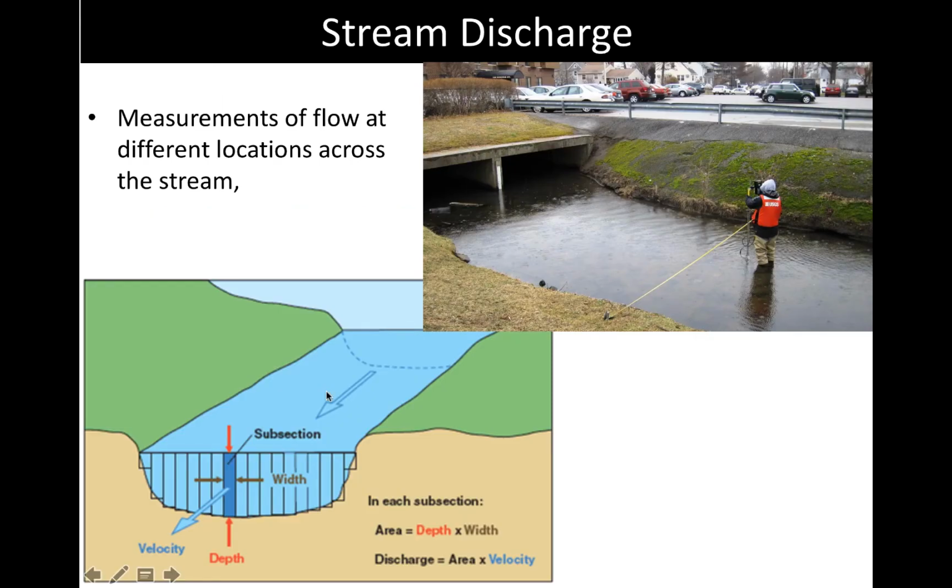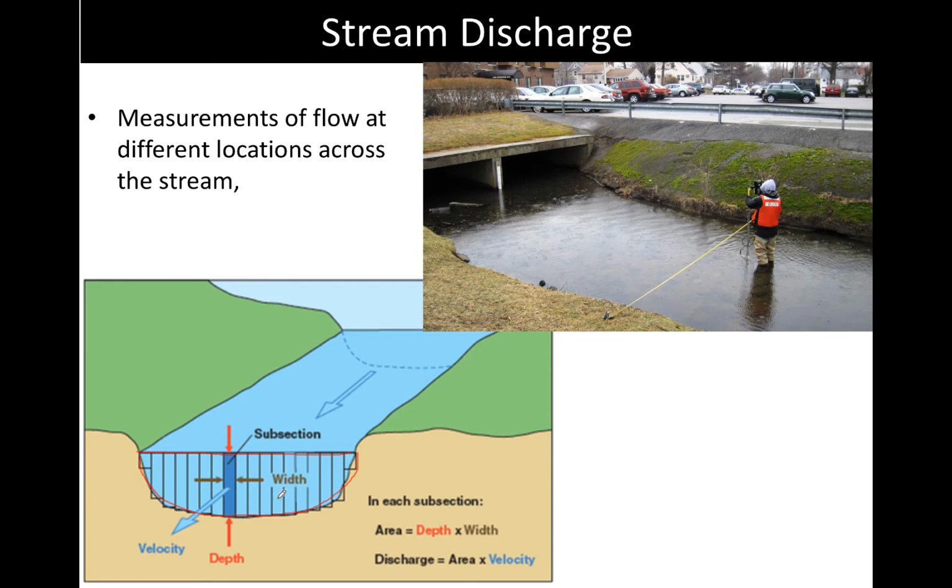If I go to my little cross-sectional cartoon on the bottom, we can see again I have a stream channel here. Here's the base of the channel, and then here's the top of the water level. So if I look at that shape, it's kind of a curved shape with a flat top, not quite a semicircle. That's an area.